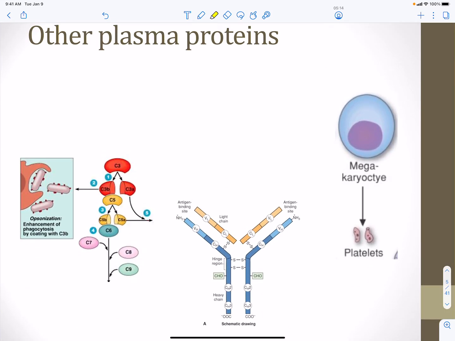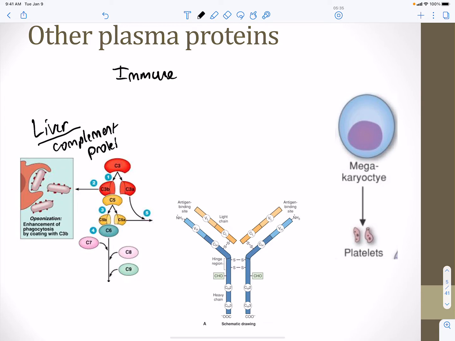So with respect to other proteins, I'm not going to go too much into these. These are primarily immune. So you have from your liver, your complement proteins. And these are released in their inactive form, and they have to become activated. We have from our B cells, we have antibodies.